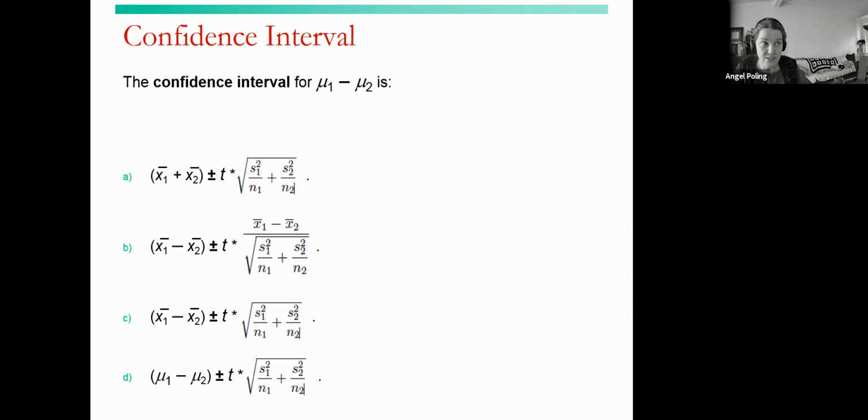Because in the past, in chapter 16, confidence intervals, we would have X bar plus or minus Z star times the standard deviation, right? Then we beef that up to say X bar plus or minus T star times the standard error, right? Now we have the difference of our X bars plus or minus T star times the approximate standard deviation, or the standard error, right? So it's choice C because it's the only one that matches.